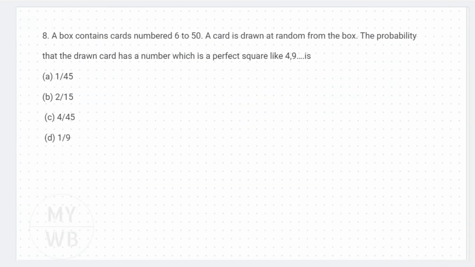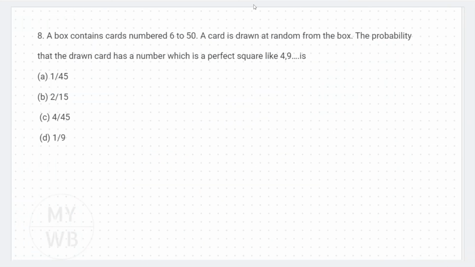Let's move on to the next sum. A box contains cards numbered 6 to 50. A card is drawn at random from the box. Probability that the drawn card has a number which is a perfect square, like 4, 9 is. So there are totally 45 cards and each card is numbered starting from 6 all the way up to 50.